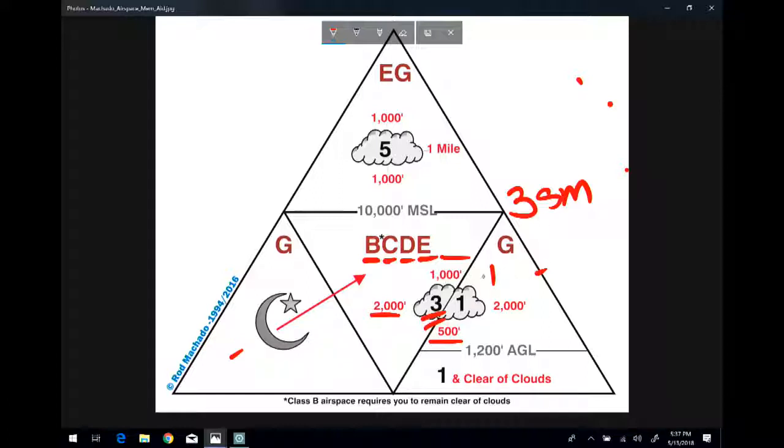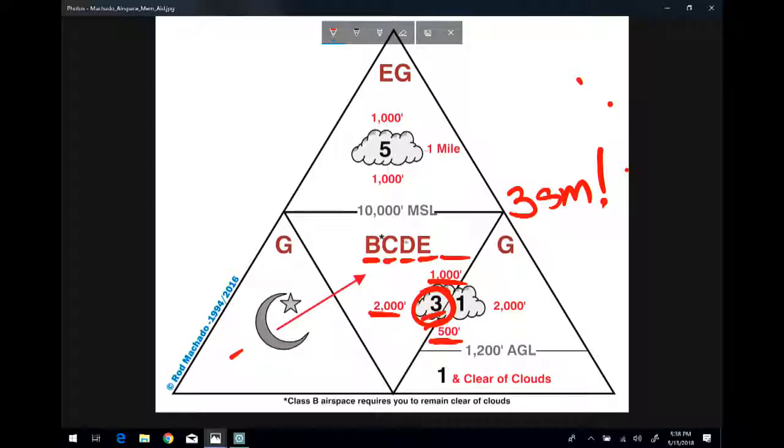So with this one, in Bravo, Charlie, Delta, and Echo airspace, 3 statute miles visibility and 500 feet below, 2,000 feet horizontal, and 1,000 feet above clouds.